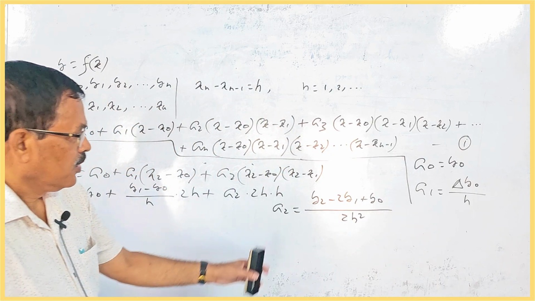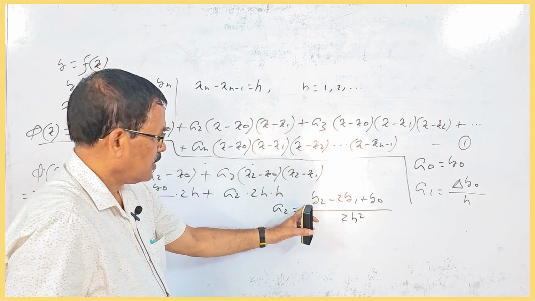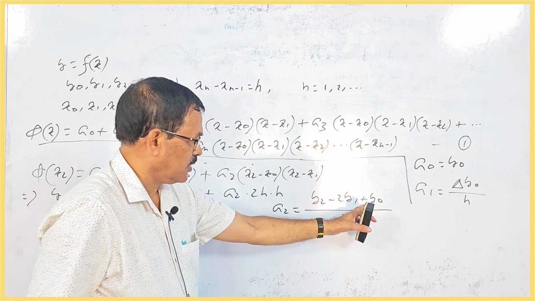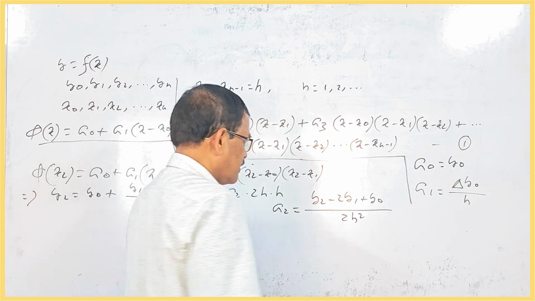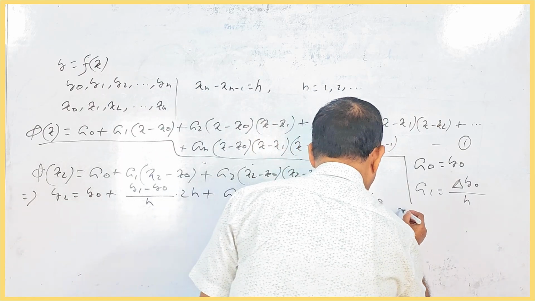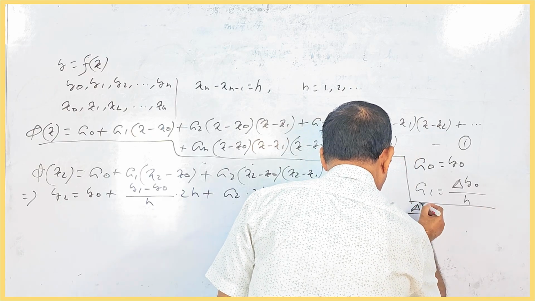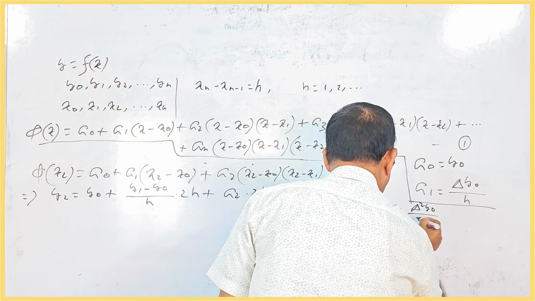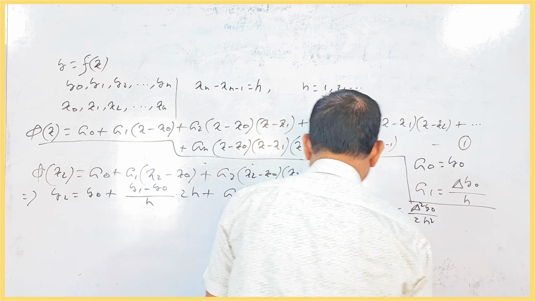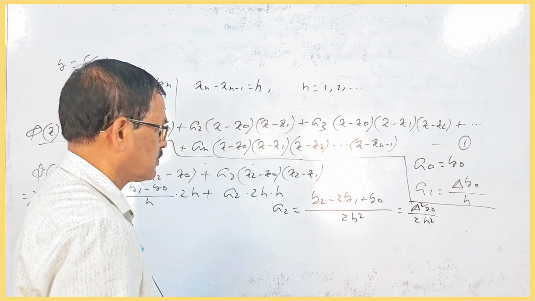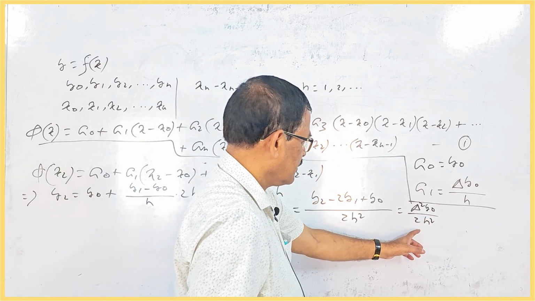And already we know that y2 minus 2y1 plus y0 is equal to delta square y0. So this is equal to delta square y0 by 2h square. This is the value of A2.